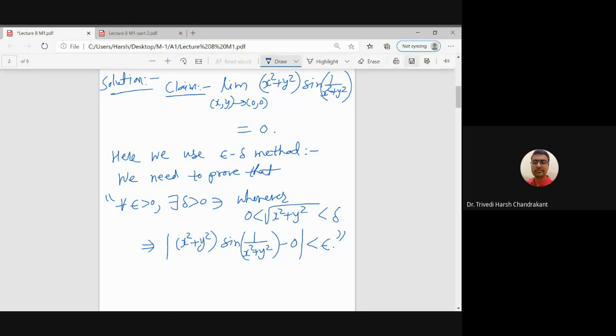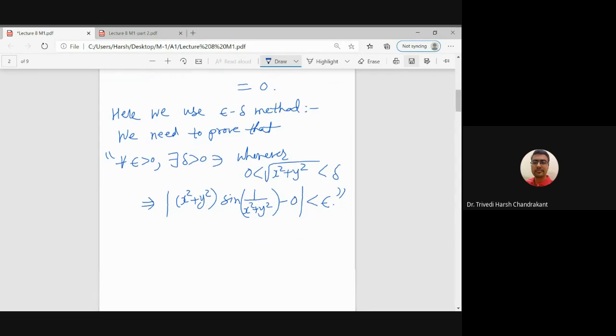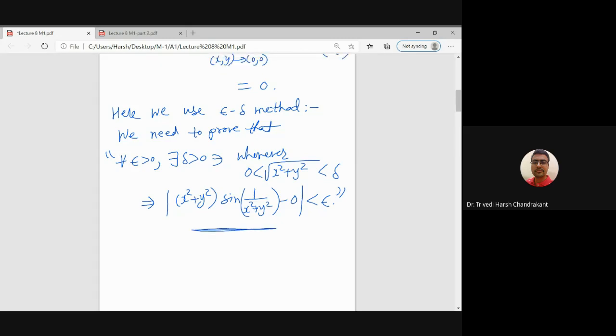Right. So what we will do, as in the last lecture if you remember, is squeeze this value, the modulus of this, in terms of the square root of x square plus y square. So let us start with that.